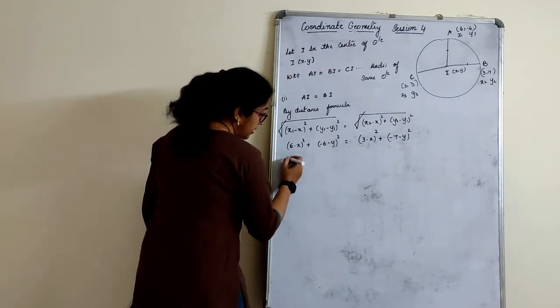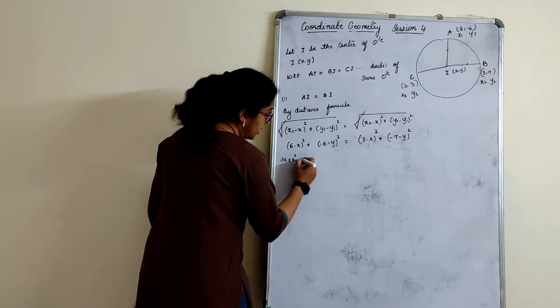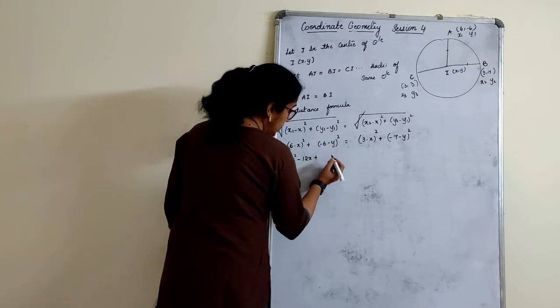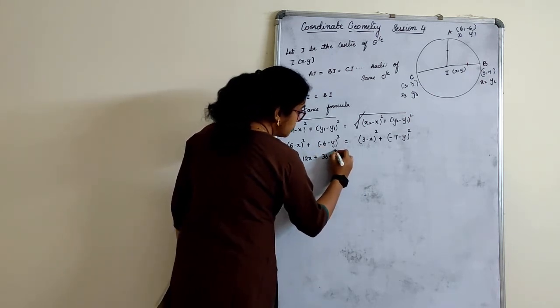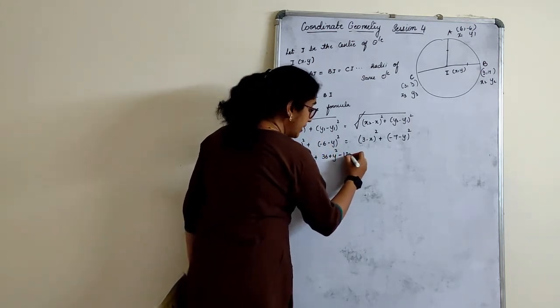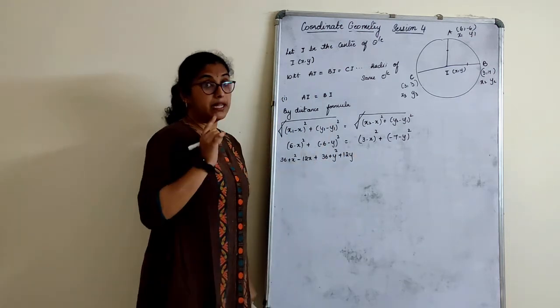Simplify this now. A square, that is 36, plus x square, minus 6 2s are 12x, plus 6 square 36, plus y square, (a minus b) whole square, it is 12y, but 6 is minus, so that will become plus 12y.